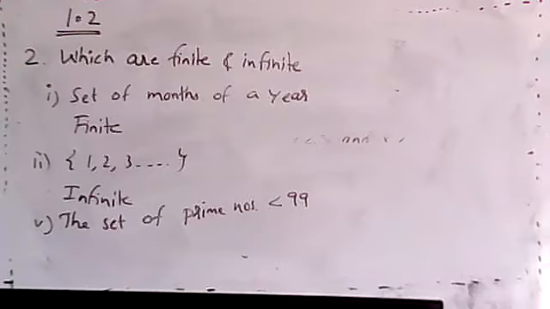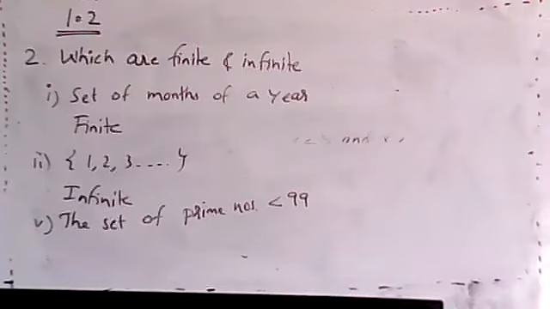Yes, possible to write. What is the definition of a prime number? It must be greater than 0 and 1. This is the first condition. Second condition, it must be divisible by itself and by 1. We have a total of 25 prime numbers less than 99. Very good.